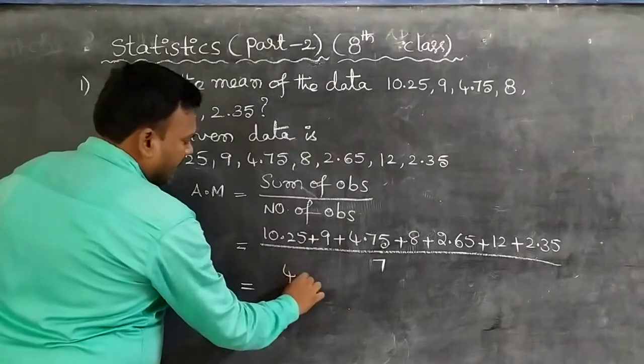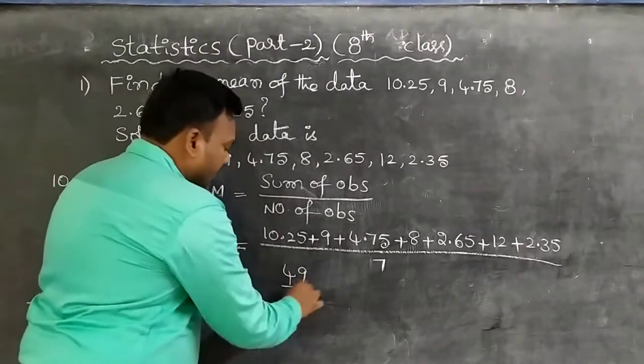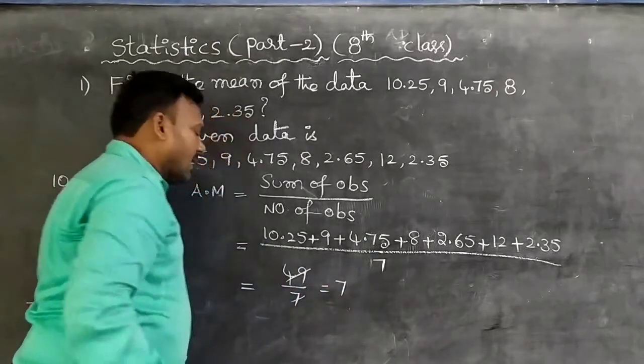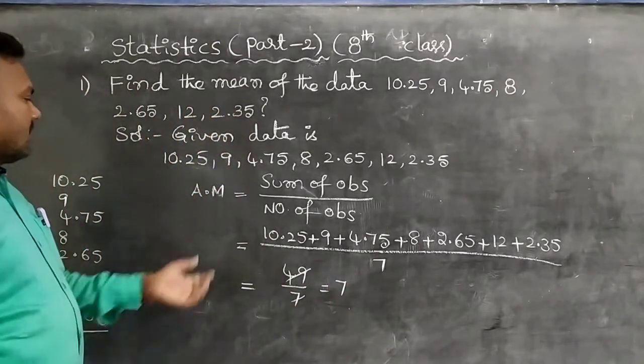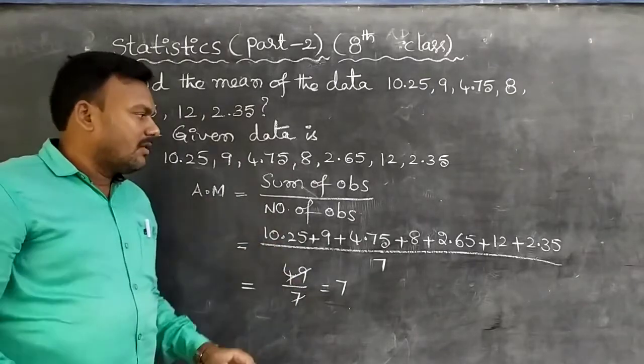So it becomes 49 by 7, and 7 sevens are 49. This is the arithmetic mean of the given data. Okay students, is it clear? Right. Go for the next problem.